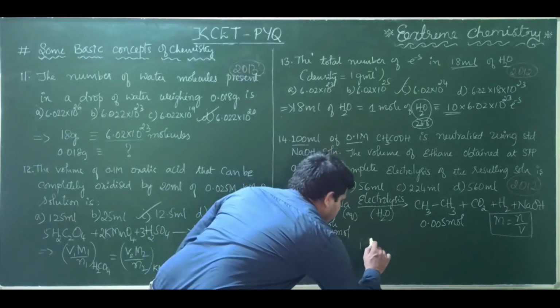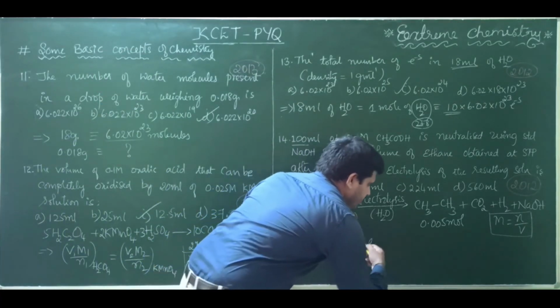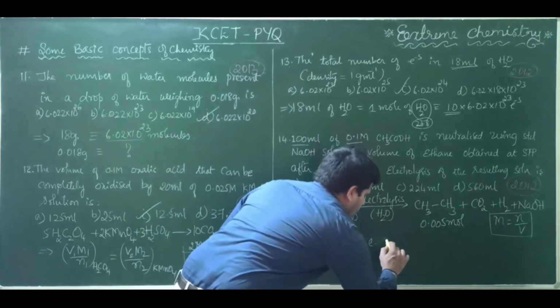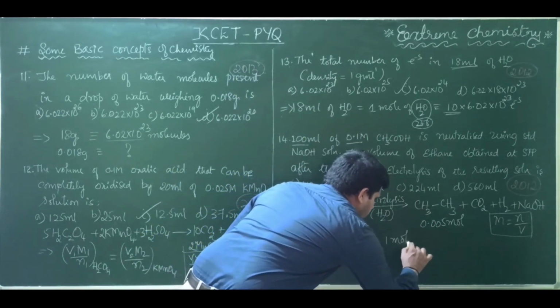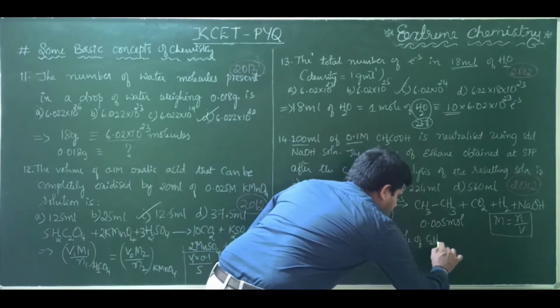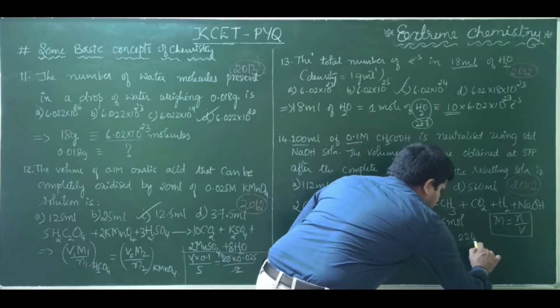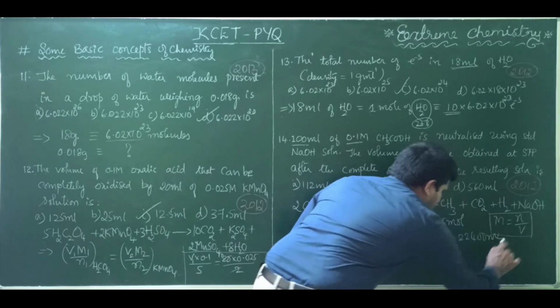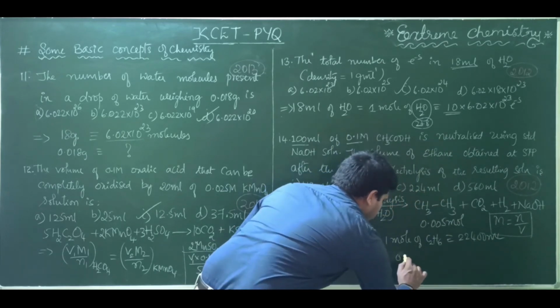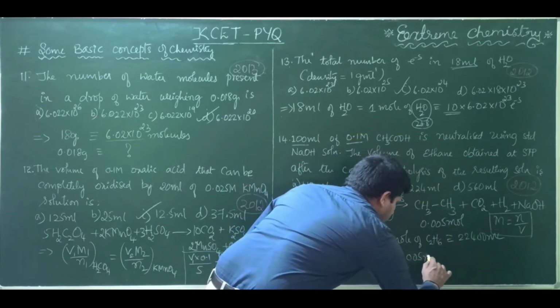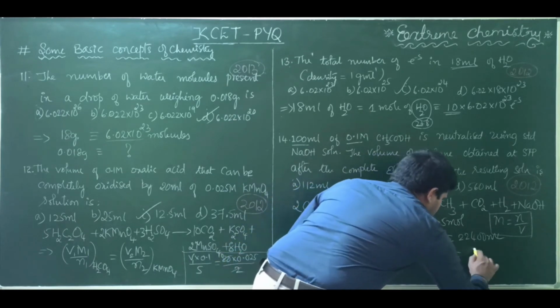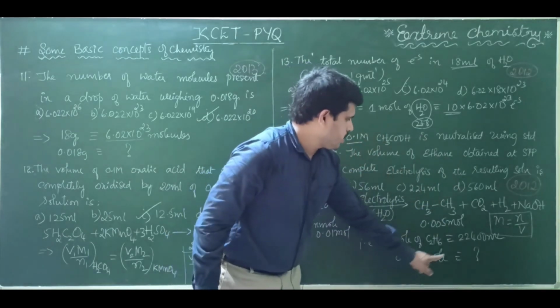So now we can relate this. How? 1 mole of C2H6 will occupy 22,400 ml. Therefore I have here 0.005 mole. How much? So 0.005 into 22,400.